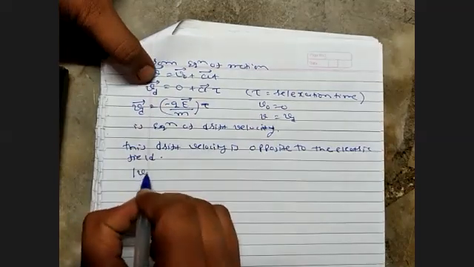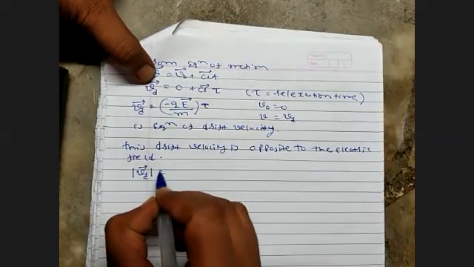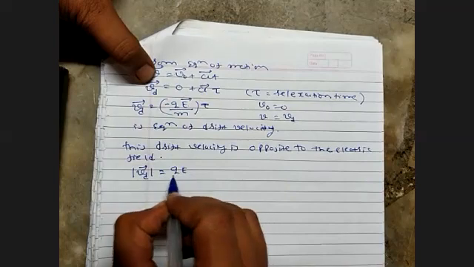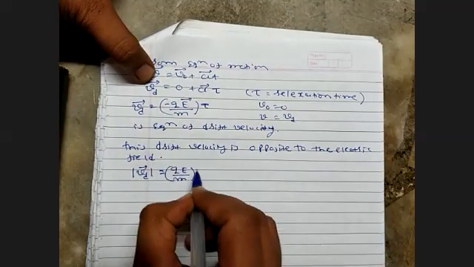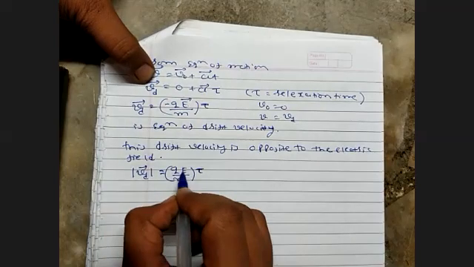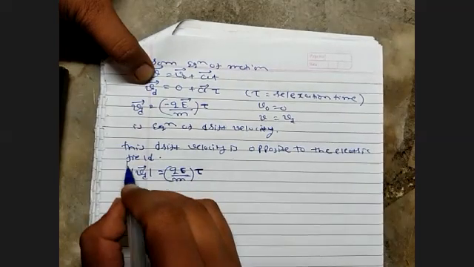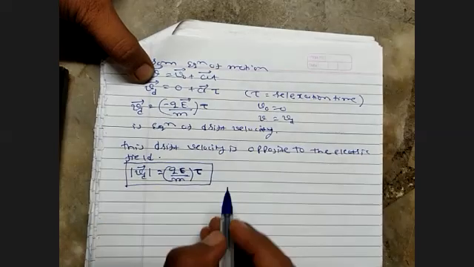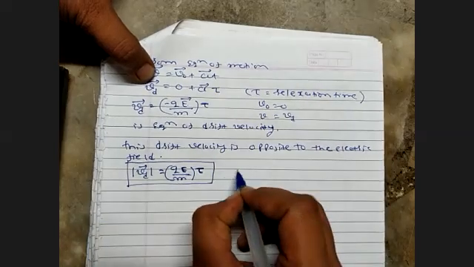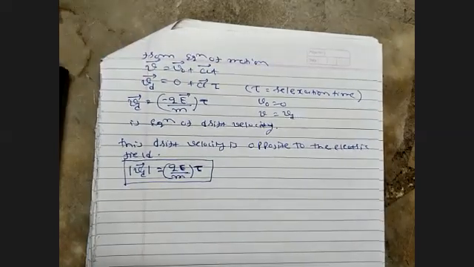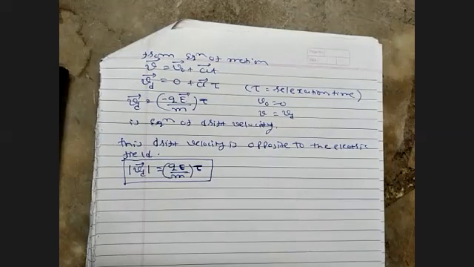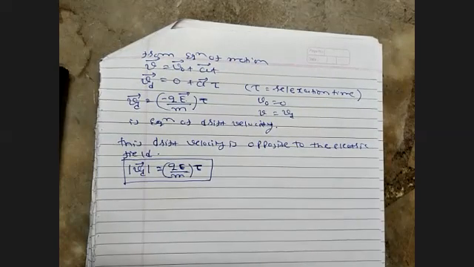And if you take the magnitude on both sides, it is QE divided by m into tau. So that is the equation of drift velocity, right?